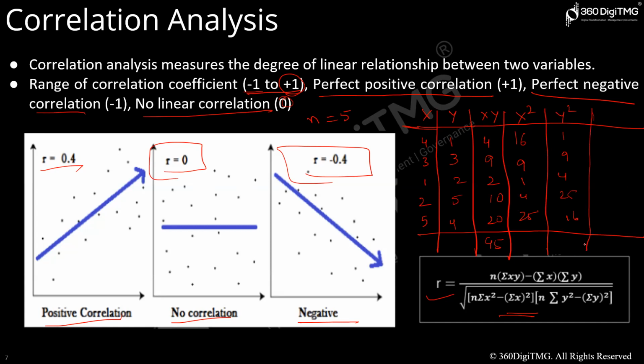So the values which you get here are given to this formula. So the final answer, whatever, this is summation x, summation y, summation x square, and summation y square.